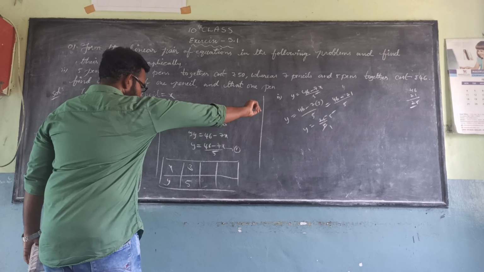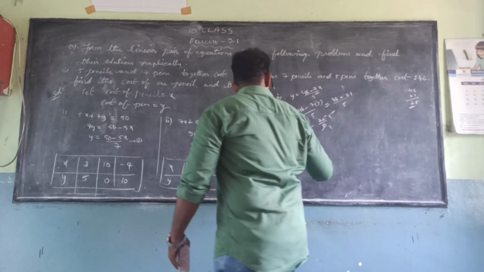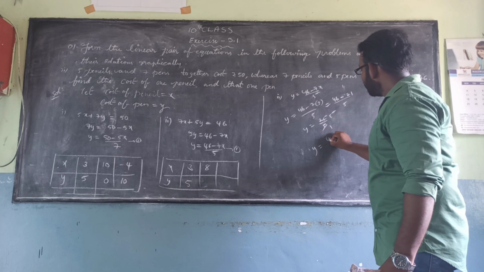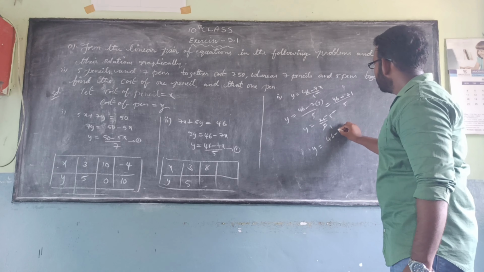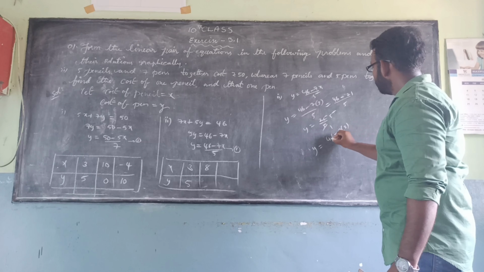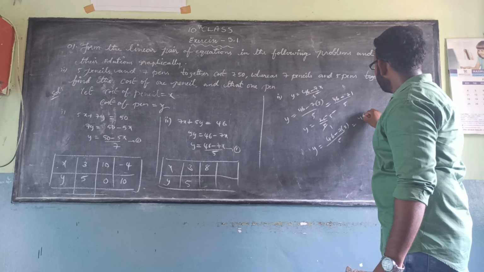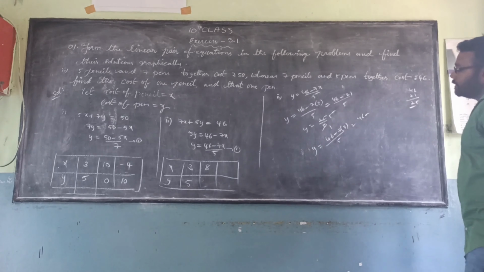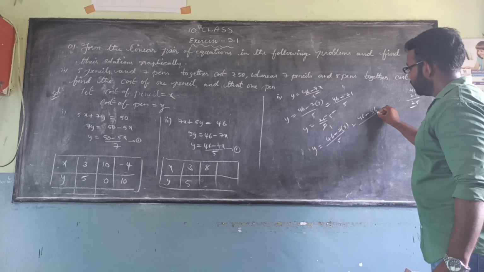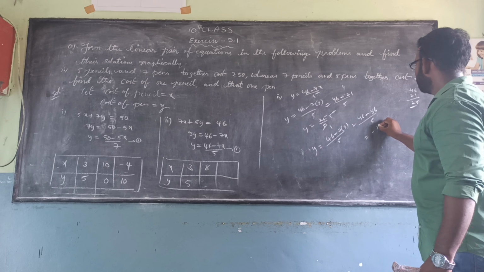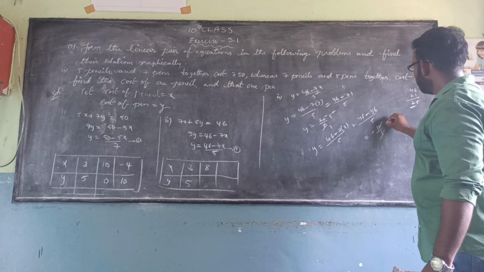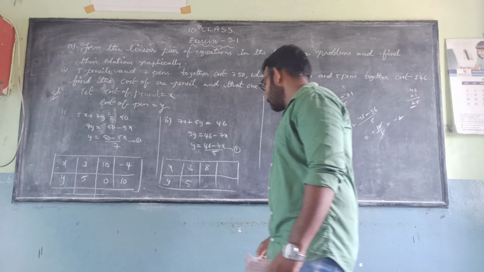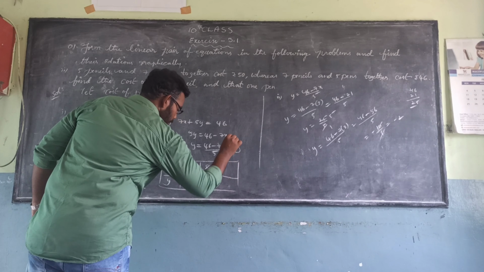And if you take x equal to 8, then y is equal to (46 minus 7 into 8) by 5. 46 minus 7 8s are 56 by 5. You get minus 10 by 5. That means minus 2. So here the y value is minus 2.